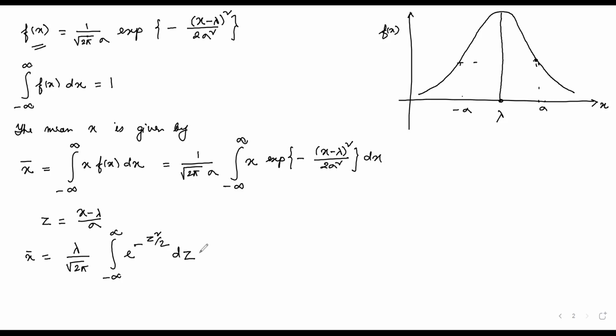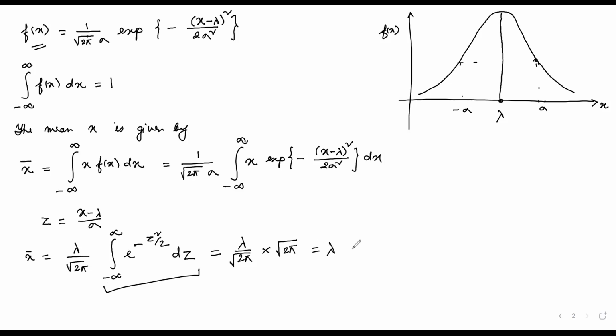After simplification, this is lambda by root 2 pi, and the value of this integral, as we have seen earlier, is root over 2 pi, and these cancel out to give you lambda.